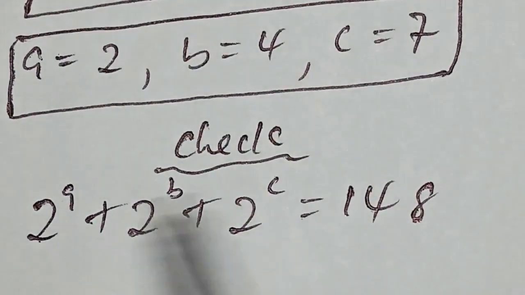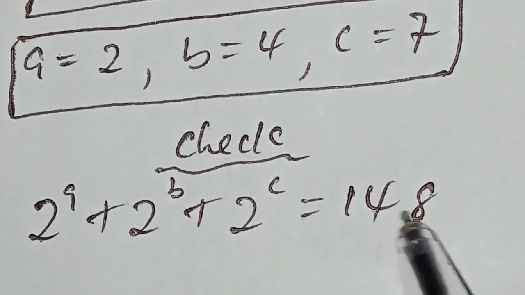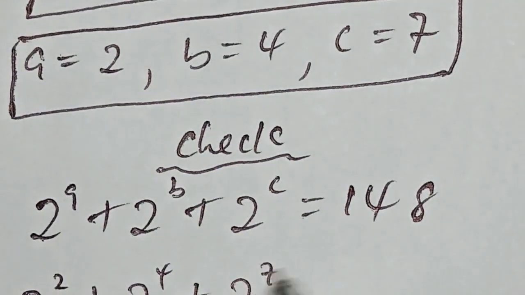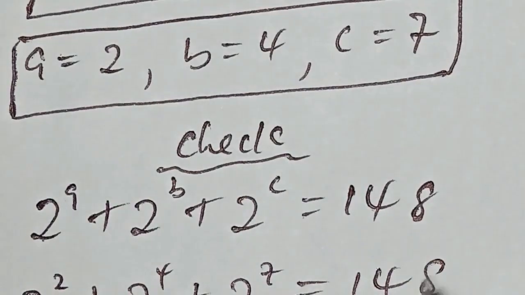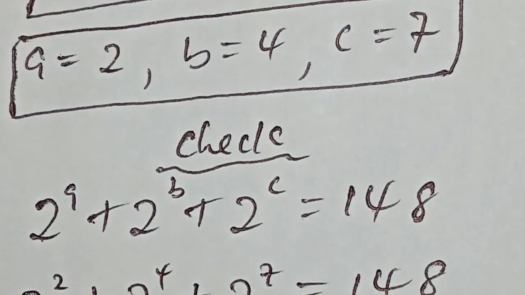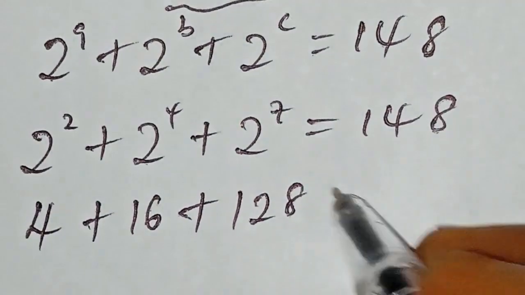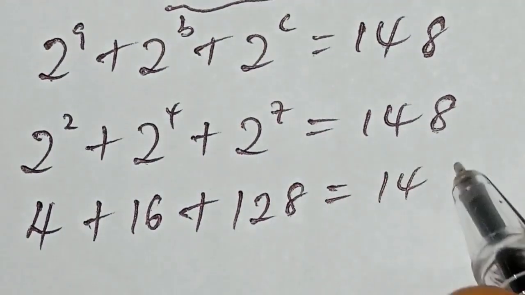So if we insert this value of a, b, c into the expression, we have 2 to the power of 2 plus 2 to the power of 4 plus 2 to the power of 7 equal to 148. 2 to the power of 2 equal to 4, 2 to the power of 4 equal to 16. Then 2 to the power of 7 gives us 128, all equal to 148.